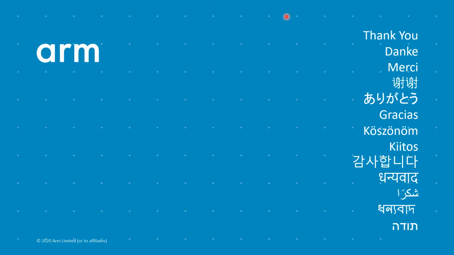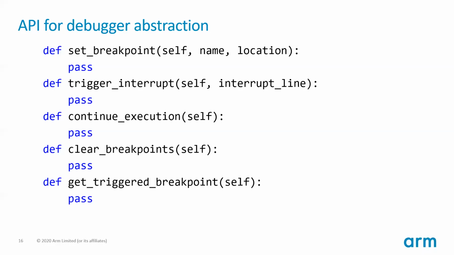Yes. The syntax is different, but these are both Python interpreters, so the actual syntax of the script is basically the same. What I did is create a simple debugger abstraction class.